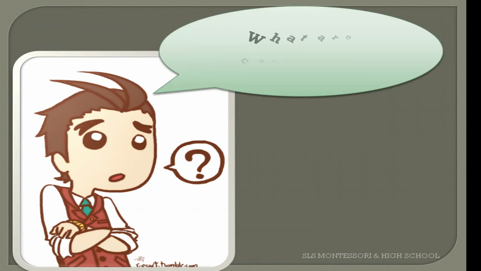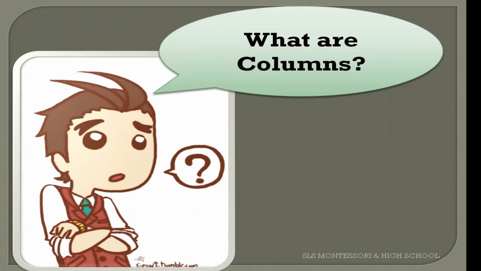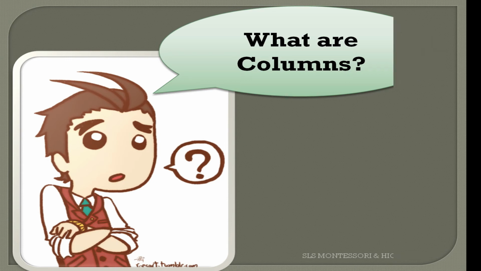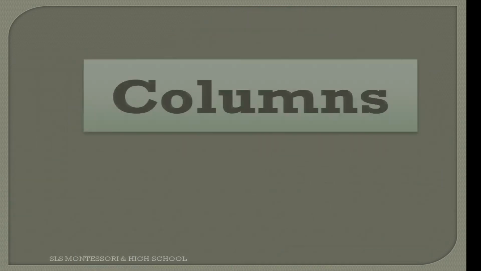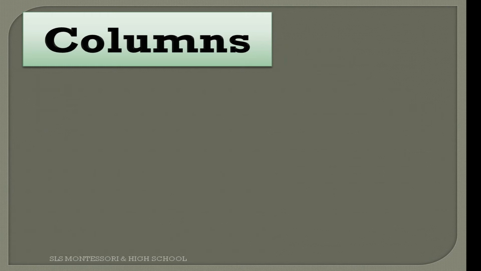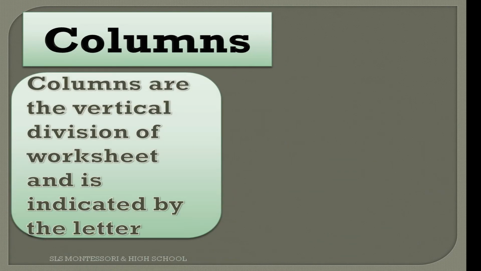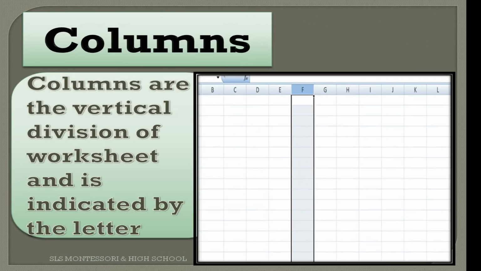What are columns? You can see in this picture that these are the vertical divisions. So columns are the vertical division of worksheet and is indicated by the letters.